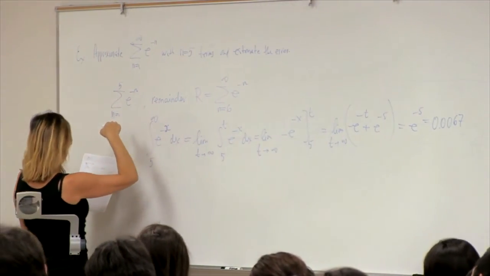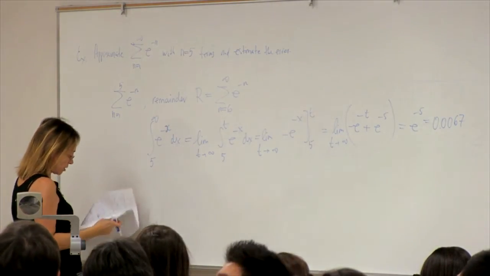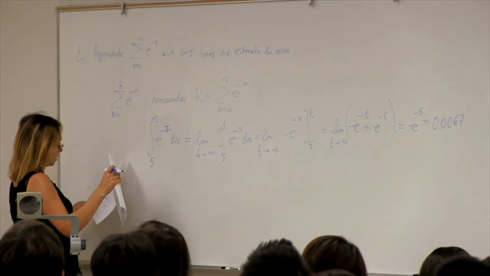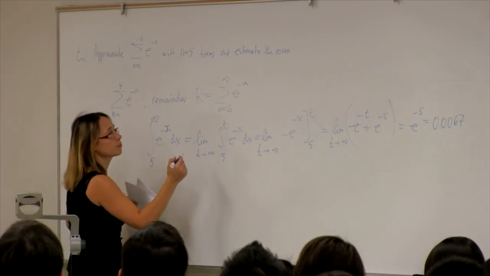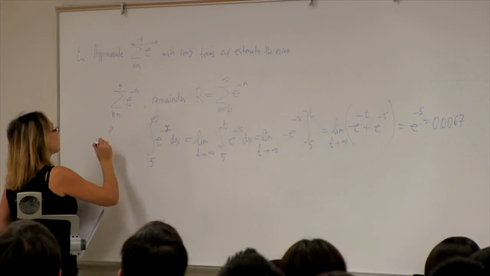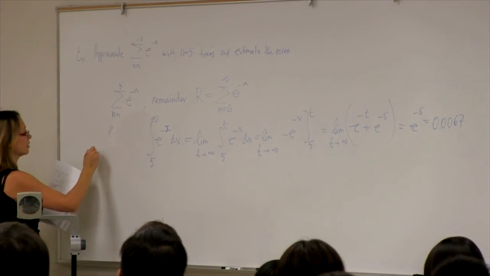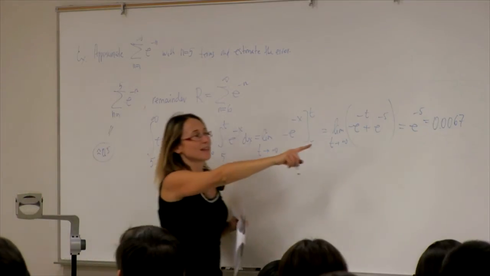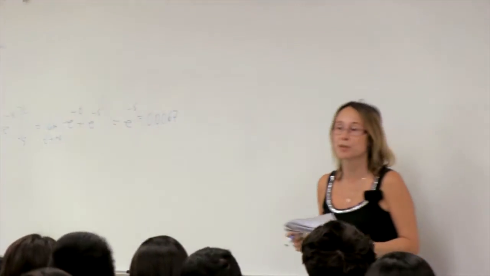So let me see if I calculated this. So if I calculate this sum, it's going to be a number approximately 0.5. So compared to this, the difference is minuscule. Okay, so it tells me that my approximation is pretty good.